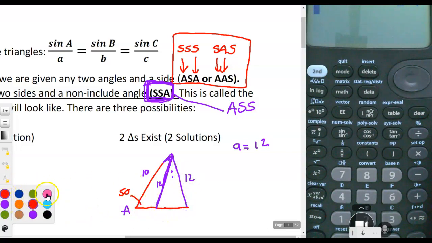We could have this first one as a possible answer, and then you could also have this bigger one as a possible answer because they fit the criteria. They have the angle of 50, this side is 10, and they have another side of 12. It's just geometrically that 12 could be drawn in 2 places. So all the information is accurate. It's just 2 ways of doing it.